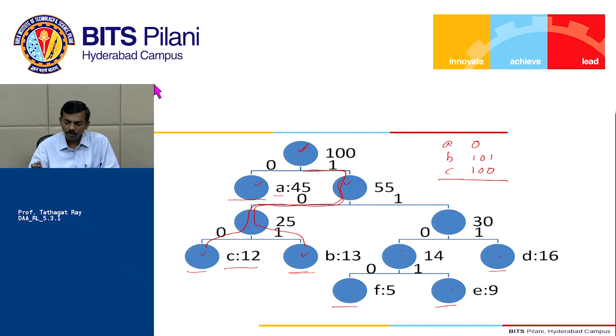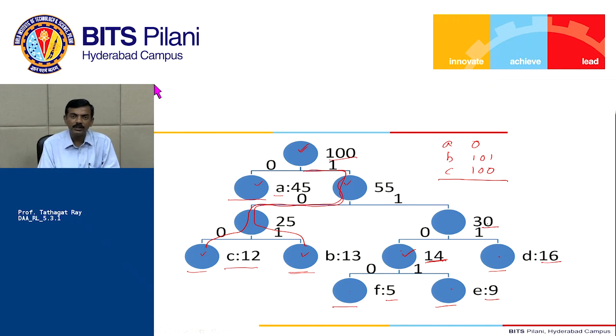Also notice that each of these internal nodes has an assigned number. For the root, it is 100. It's nothing but the sum of the frequencies at the bottom level. If I look at this internal node, its assigned number is 14, which is nothing but 5 plus 9, so 5,000 plus 9,000, 14,000. This one is 16,000. This is 14,000.